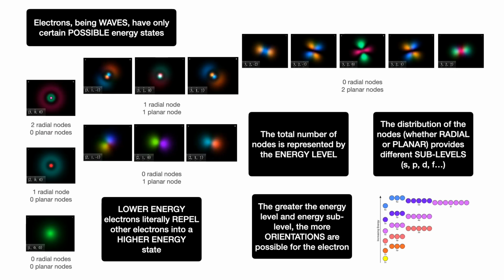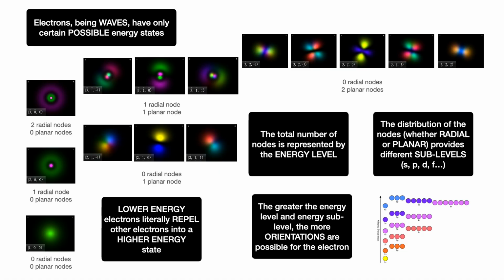And this leads directly into the concept of electron configurations, specific states that electrons can take in terms of energy. So the lowest energy state for an electron is associated with 1s. Now that 1 refers to the energy level.